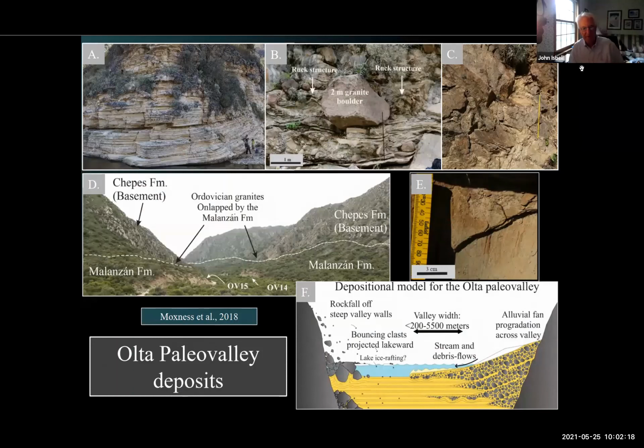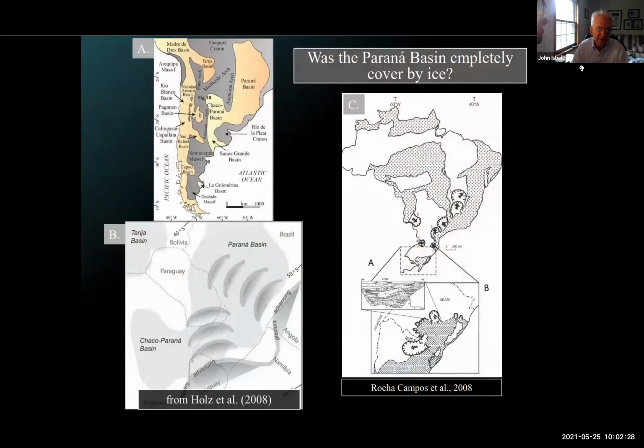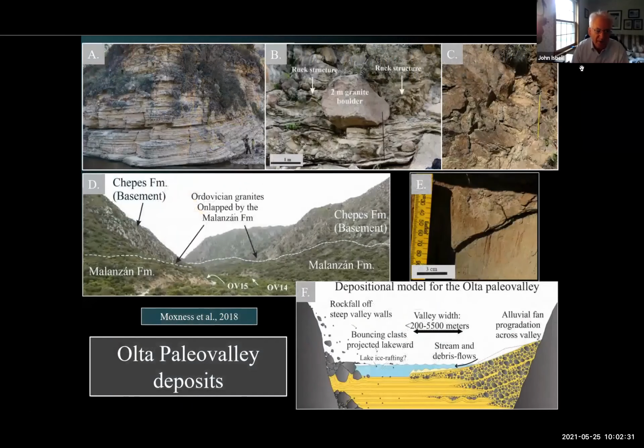In a few places, especially where the valley is exceedingly narrow, we do have loamstones, and those loamstones show evidence of having been dropped in, like this 2-meter boulder here that shows rucked structures on both sides of the boulder, suggesting that it did hit and penetrate underlying sediment. But it's being dropped in onto sediment that contains wave ripples. And in this case, the wave ripples are flat-topped ripples, suggesting it's being dropped into exceedingly shallow water.